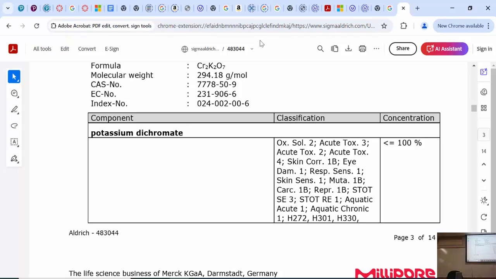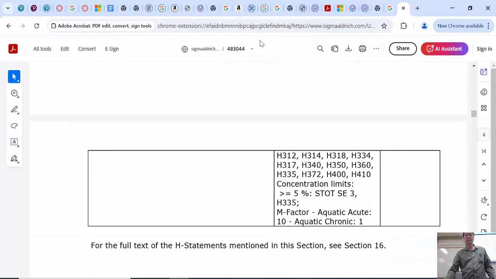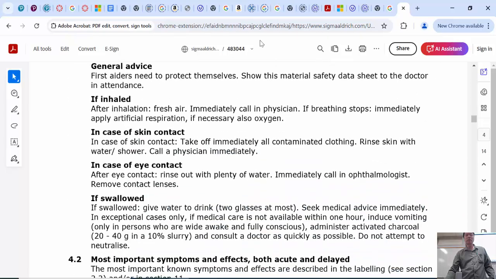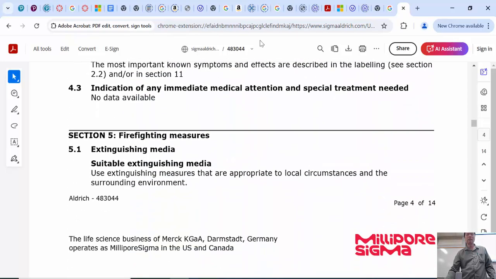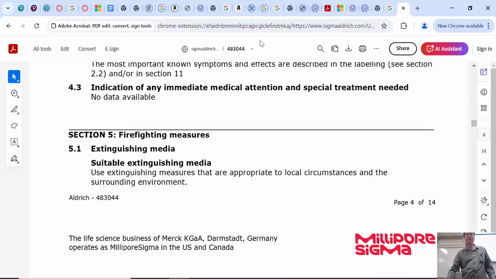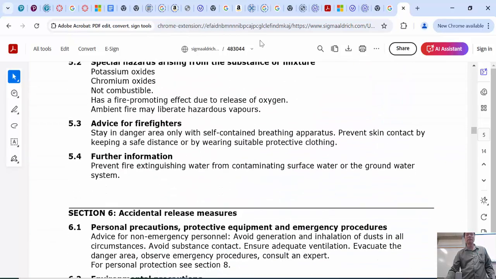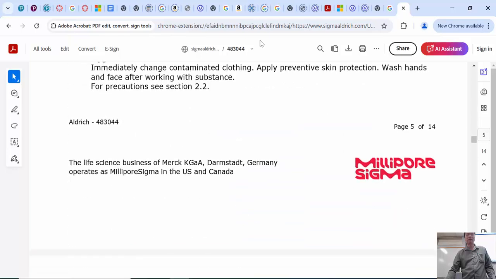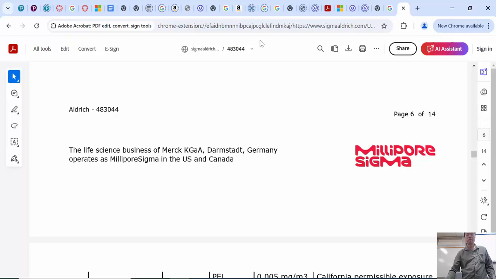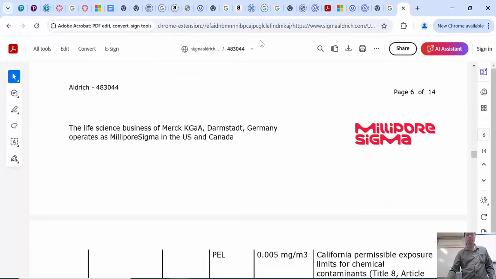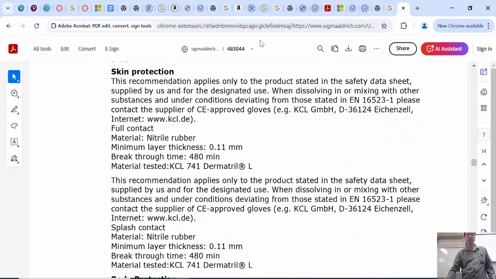Have you heard of the LD50? The LD50 is like acute toxicity: how much you'd have to eat, or how much you would give the population if 50% were to die from poisoning. So this is quite a lot of data here.